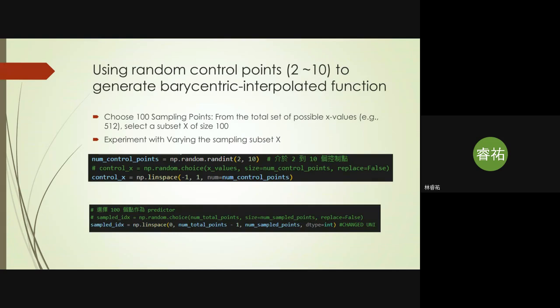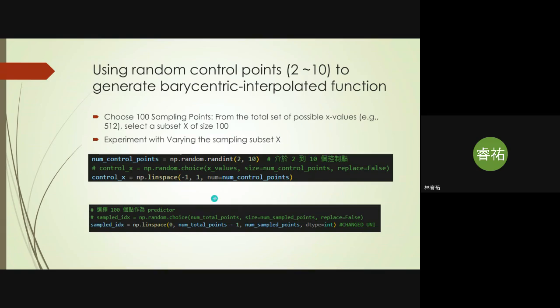So we use 2 to 10 random control points to generate the barycentric interpolated function. And we have to constrain the control points on the x-axis, so we can have a more converged model.